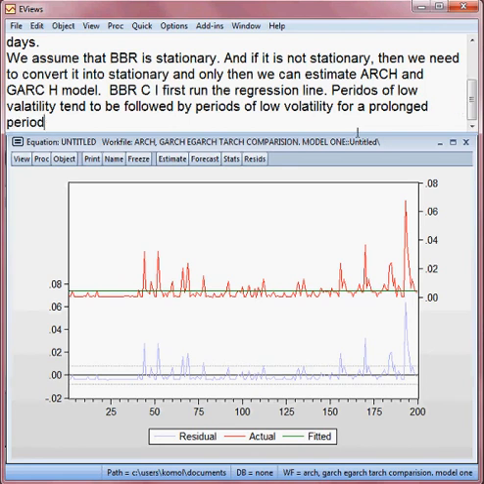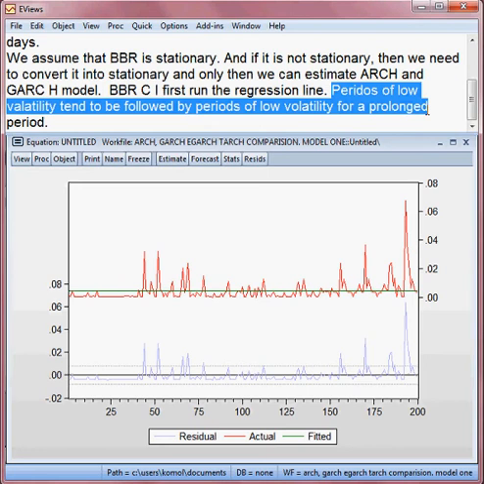For a prolonged period. So meaning that periods of low volatility tend to be followed by periods of low volatility for a prolonged period.